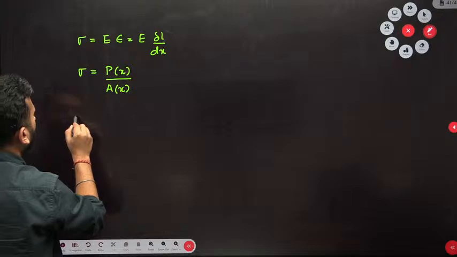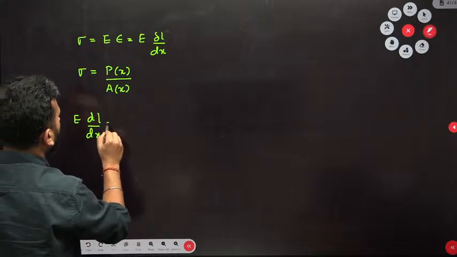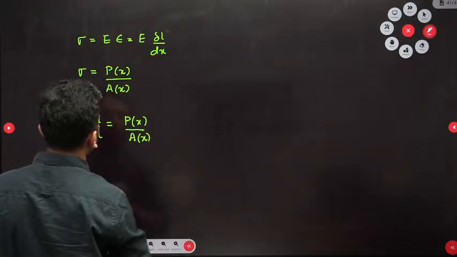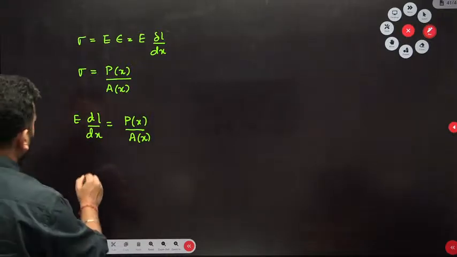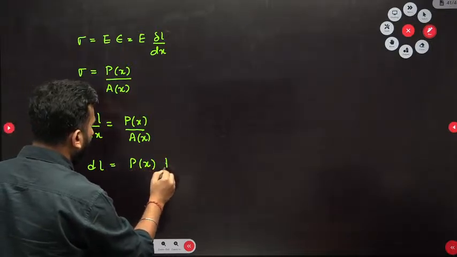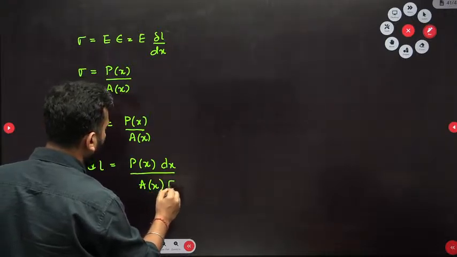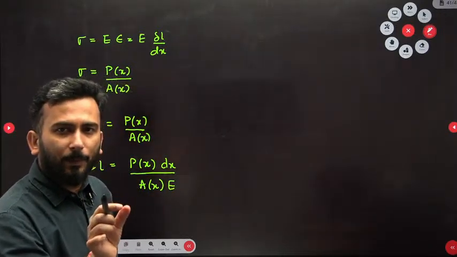So if I equate both the sigmas, d of L is equal to P of x dx by A of x into E. So that dL was only on that particular small element.